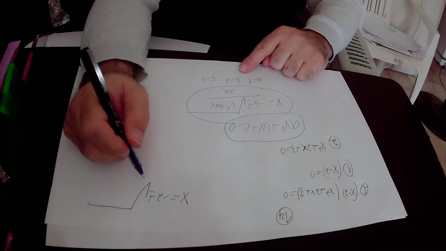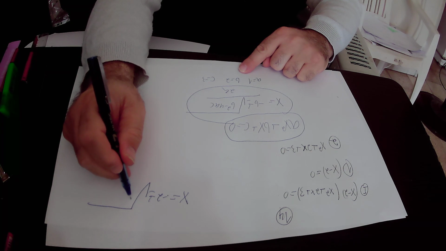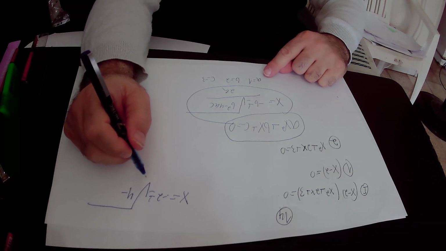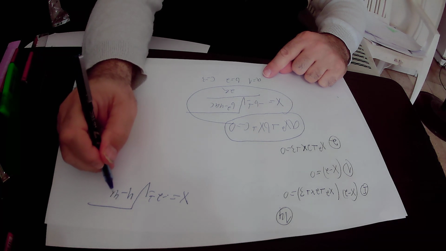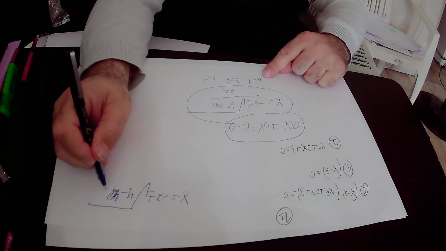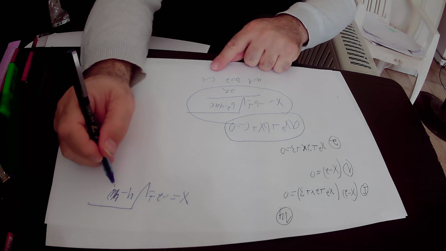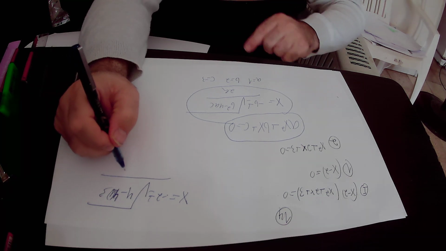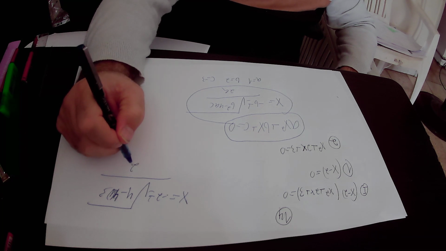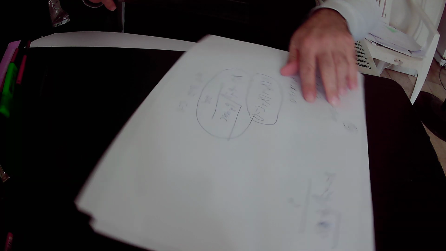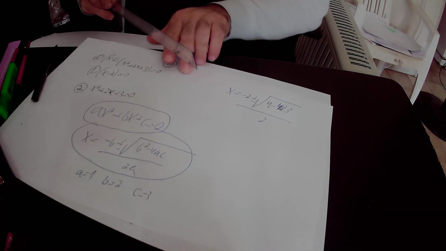B is 2, so b squared is 2 squared, which is 4, minus 4 times a, a is 1, so minus 4 times 1 times c, c is 3, times 3, over 2a. A is 1, so 2 times 1 is 2, so we got this equality.